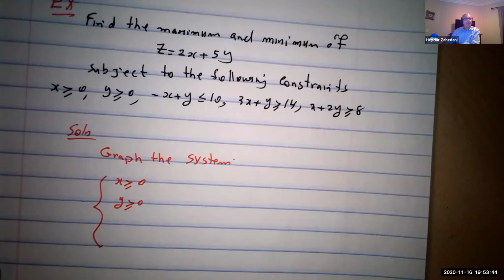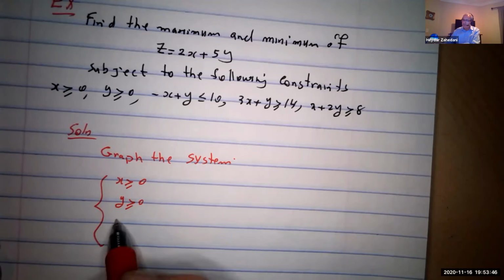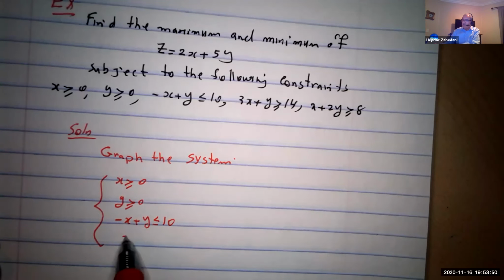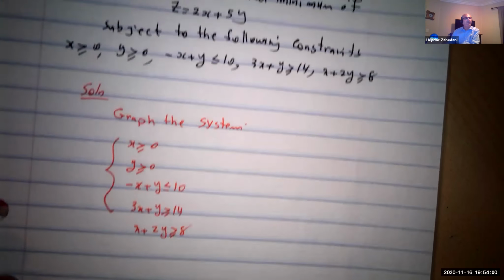Then you have those lines that we talked about: negative x plus y less than or equal to 10, 3x plus y greater than or equal to 14, and x plus 2y greater than or equal to 8. These are the lines that we have. So let's graph these lines.